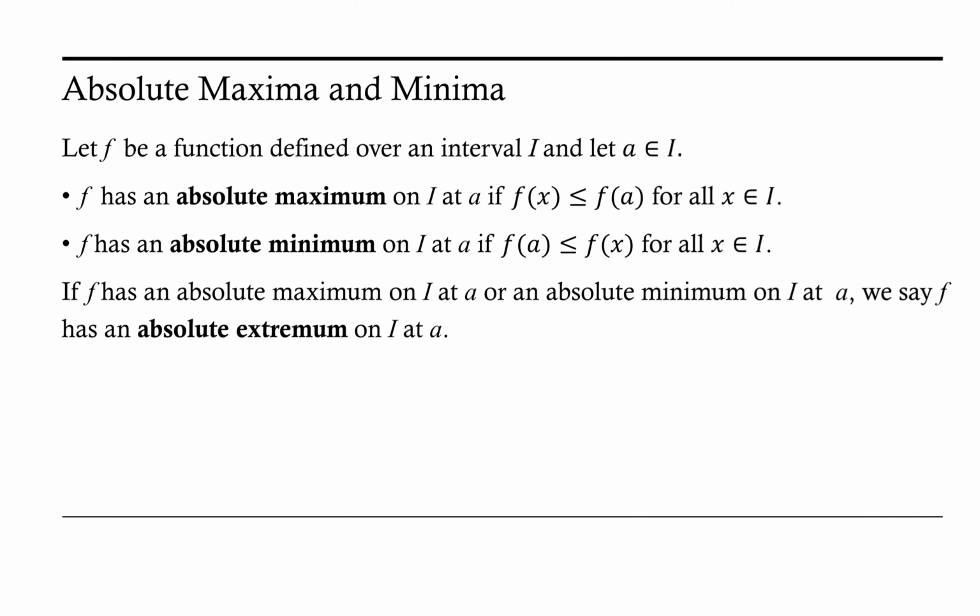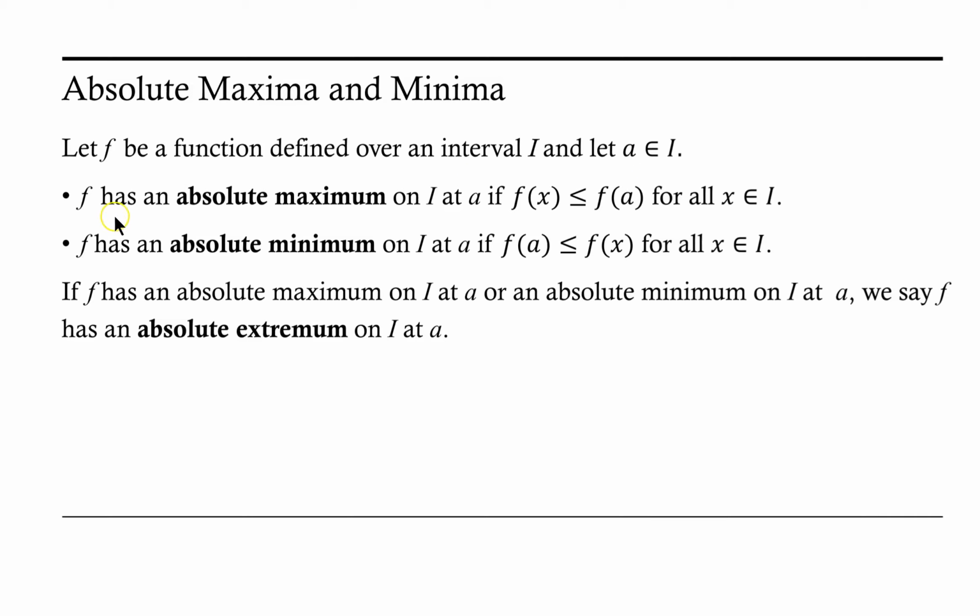Welcome. Let's take a look at the definition for absolute maxima and minima. Let f of x be a function defined over an interval I, and let a be an x value within that interval.